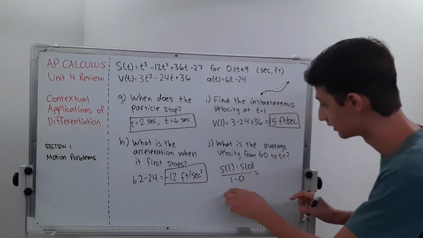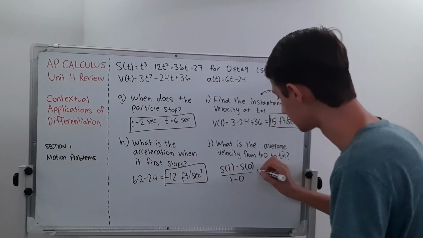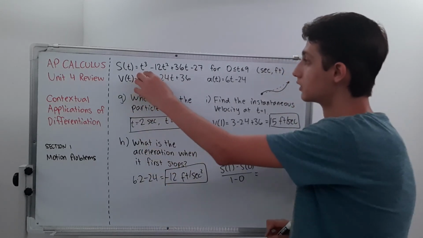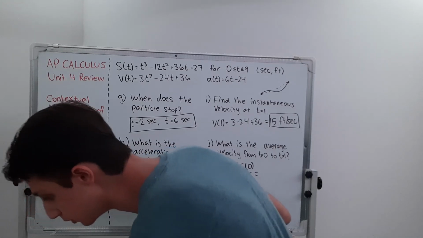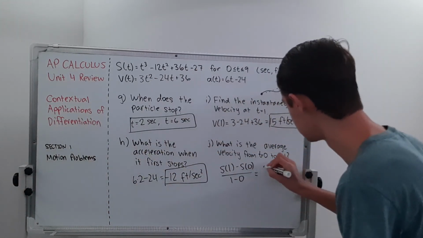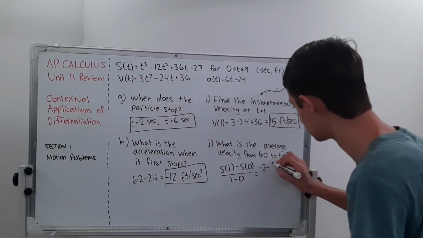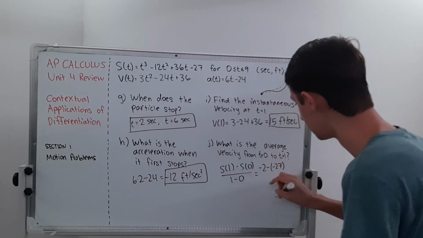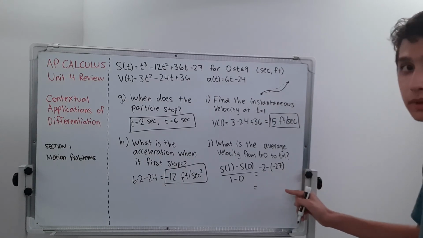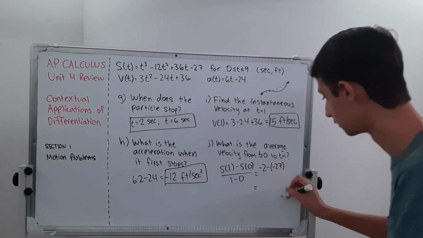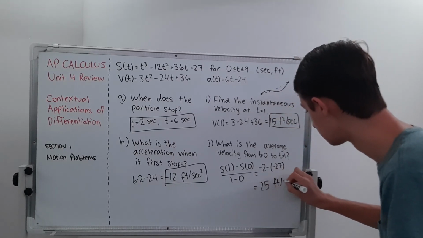So this is just 1 minus 0, which is 1, which we don't actually need, but I'll keep it there. So what is s of 1? S of 1 is negative 2, so it's going to be negative 2 minus negative 27, over 1, and this is equal to negative 2 plus 27, or you can think about that as 27 minus 2, which is 25, and again, this is going to be feet per second.